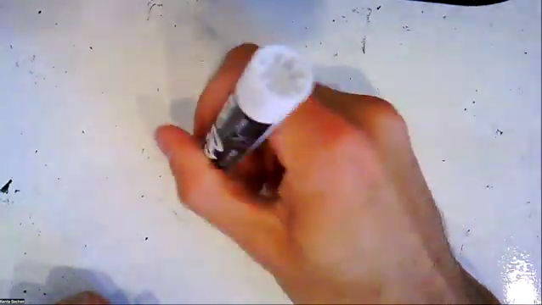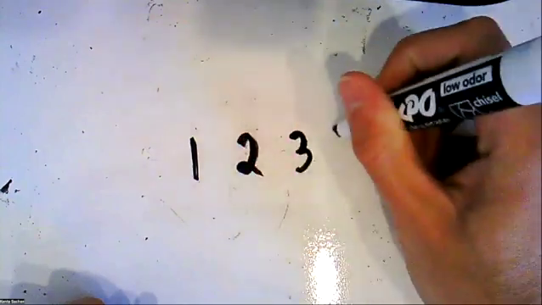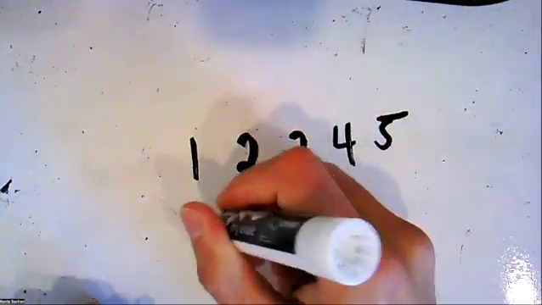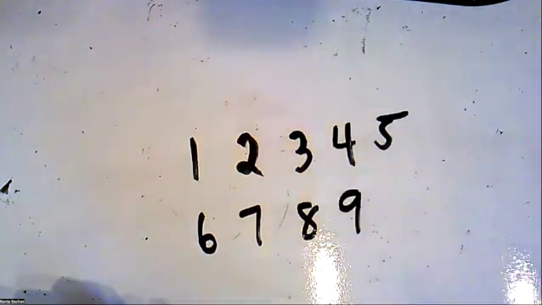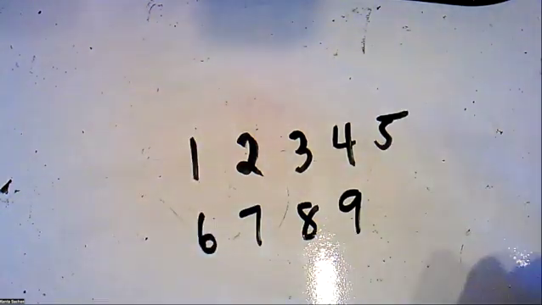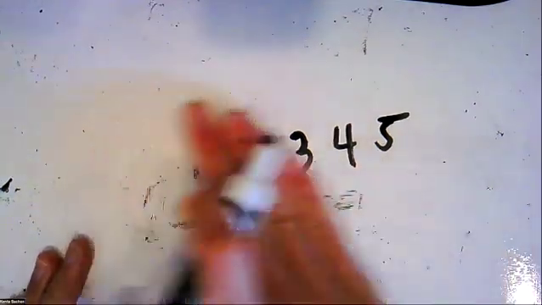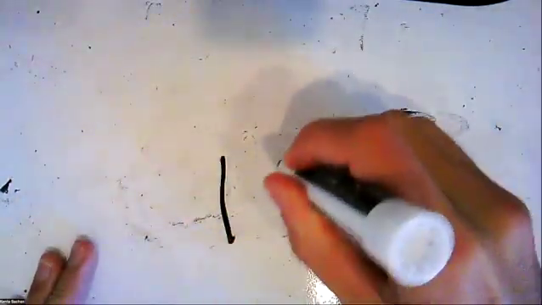We're counting numbers like 1, 2, 3, 4, 5, 6, 7, 8, 9, right? We only use one number. Once we get to 10, we're using two numbers, right?